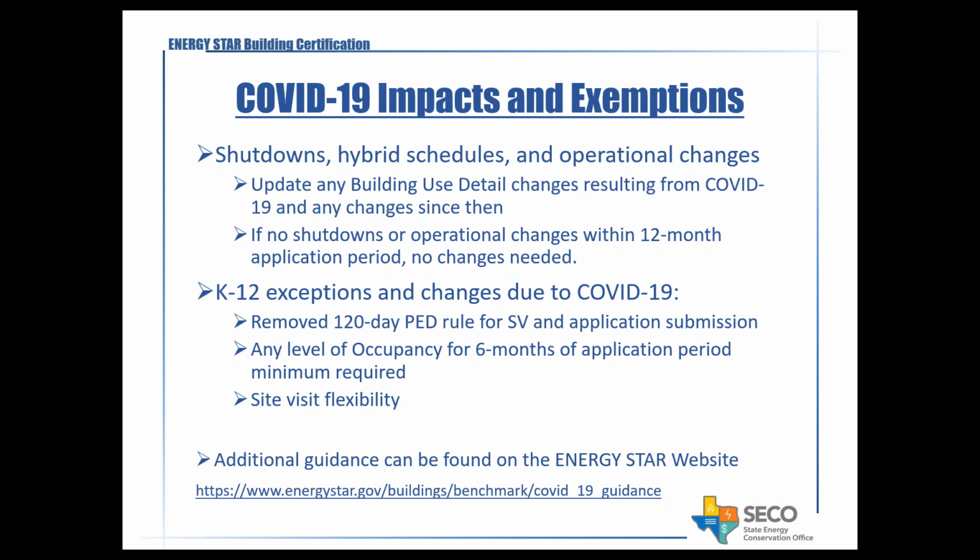If you submit an application that covers a time period where, for example, part of it goes into 2021 or even 2020, and the building use characteristics changed during that time, you'll want to make sure that's captured on your application, because Energy Star may ask those questions during the review process.